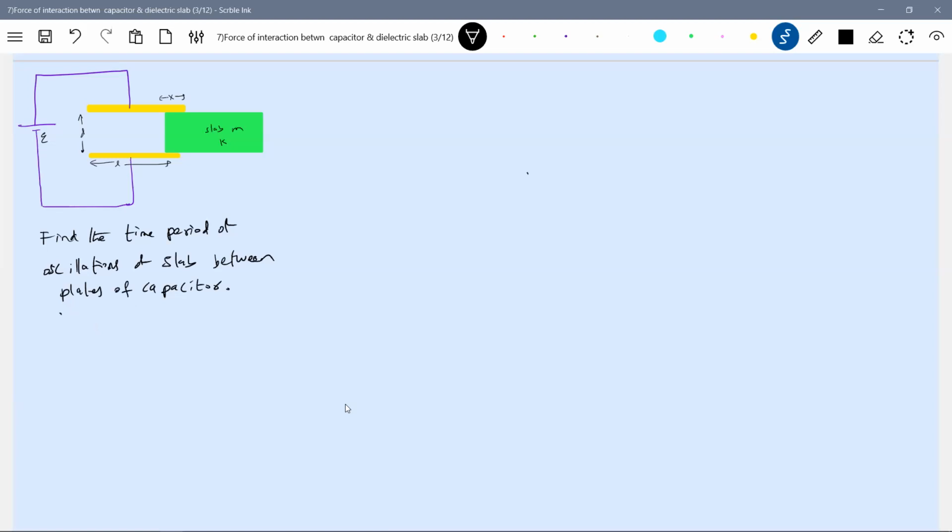The slab fully fills the volume of the capacitor. What is the length of the slab? What is the side length of the plate? It is equal to L. That's the meaning here. Now he's asking to get the time period. I'll give too much time. You have to think. You have to fight with it. Will it be SHM? These are the questions we are asking ourselves again.